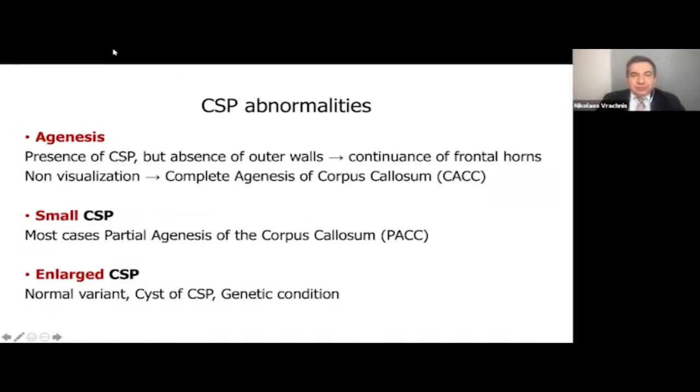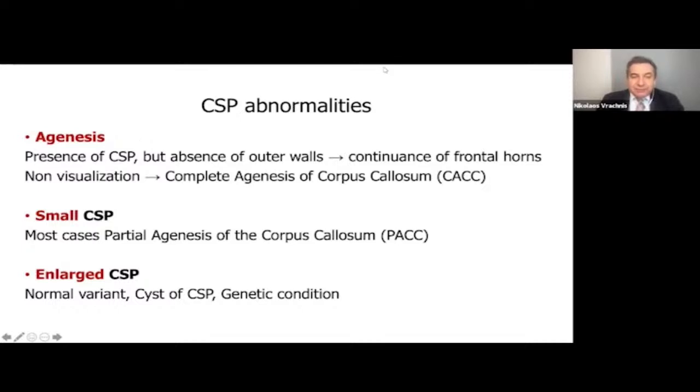The abnormalities of the CSP are, first, agenesis of the CSP. There may be a presence of the CSP, but an absence of the outer wall, in which case there is a continuance of the frontal horn. If we cannot visualize it, then it may be a case of complete agenesis of the corpus callosum.